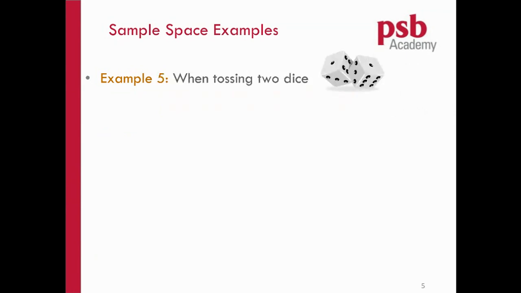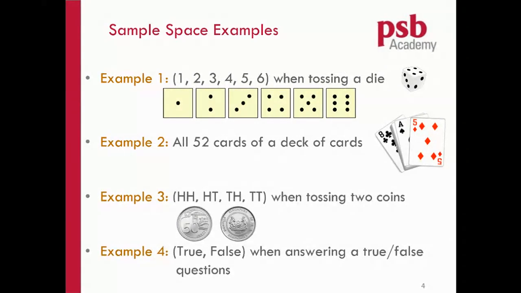Now, before I go on to the next one, let's say you're answering this true and false question. What's the chance you answer it correctly? If the answer is true, what's the chance you answer correctly? Then you have to look at how many possible answers I can have. I only have 2.